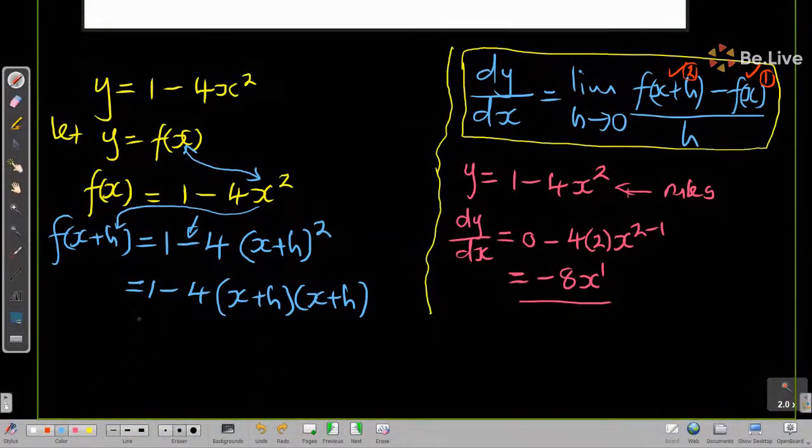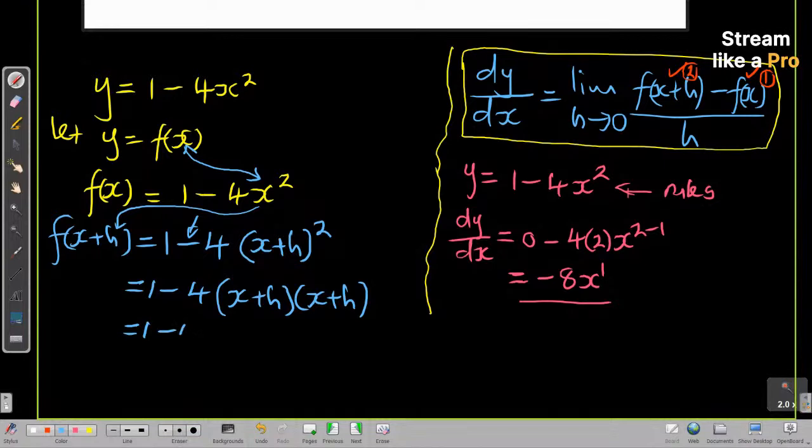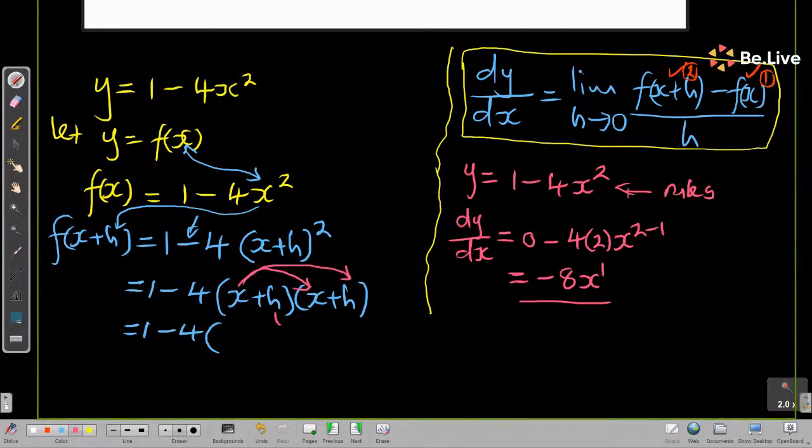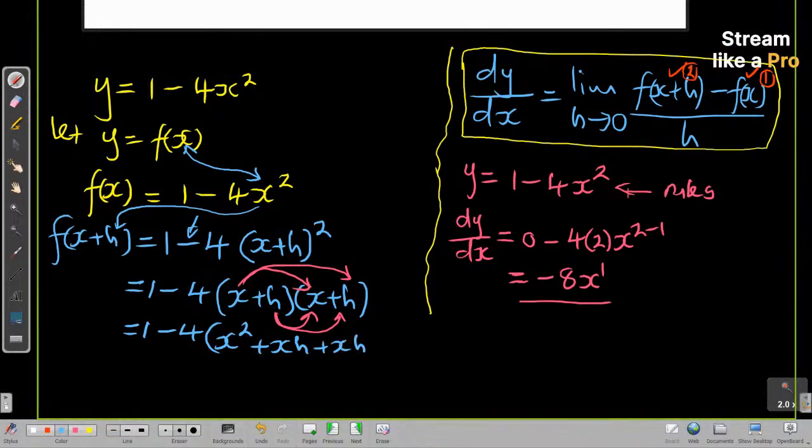The way to go about it is to do the normal expansion. It's 1 minus 4. Then remember, how do you expand? It's x times x, x times h, h times x, and h times h. So that is how you expand, the normal way that you are used to. So don't be tempted to do it the other way around. So x times x is x squared, x times h is xh, h times x is xh, and h times h is h squared.